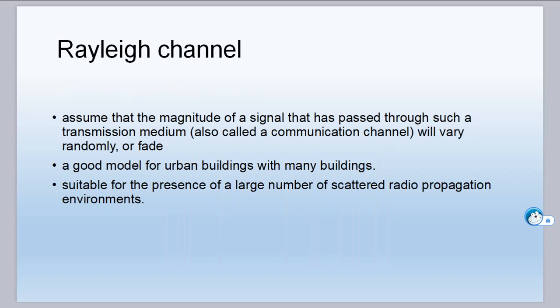And the next thing is our channel. I used a Rayleigh fading channel, and the Rayleigh fading channel is a statistical model for the effect of a propagation environment on a radio signal. And it assumes that the magnitude of a signal that has passed through such a transmission medium will vary randomly, or fade.